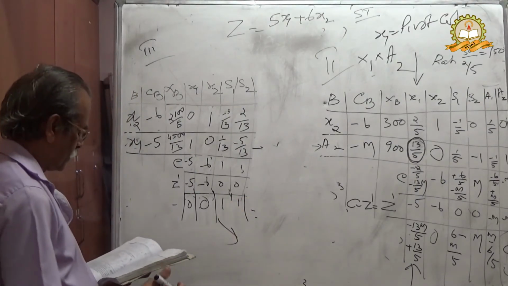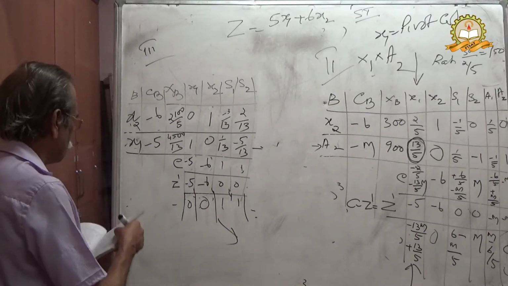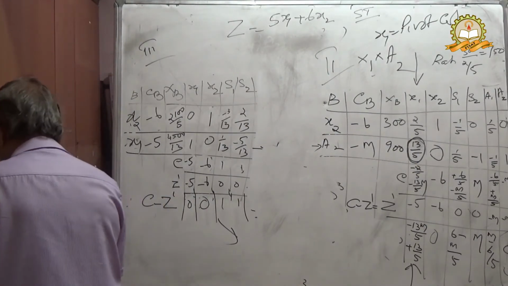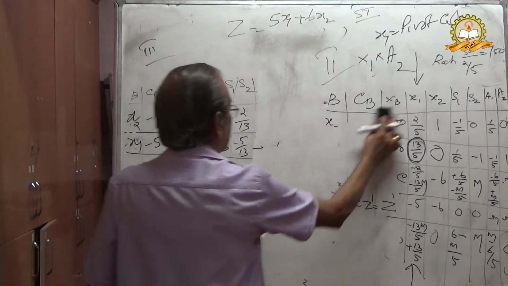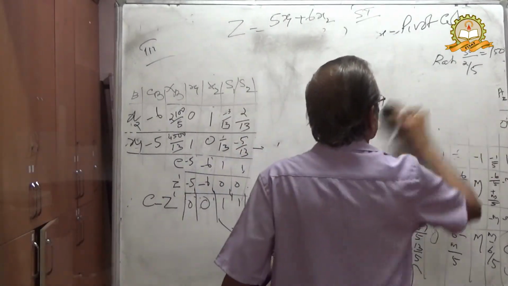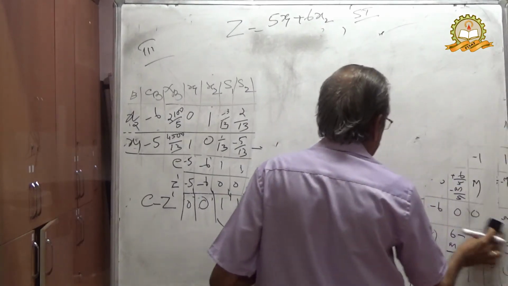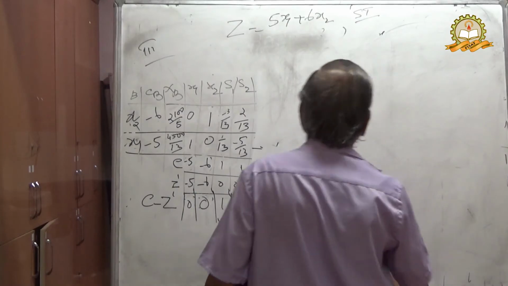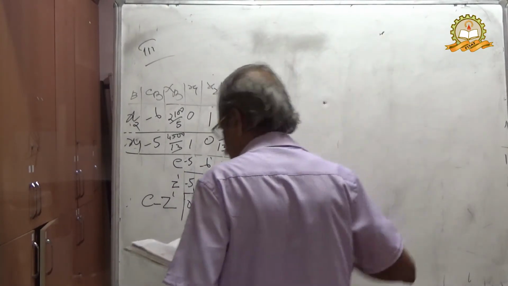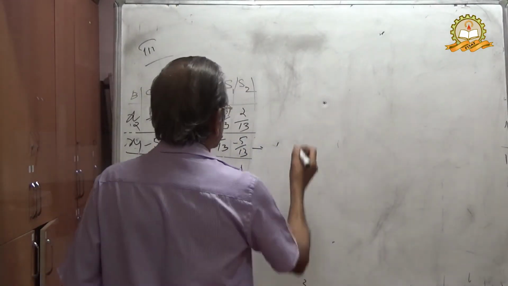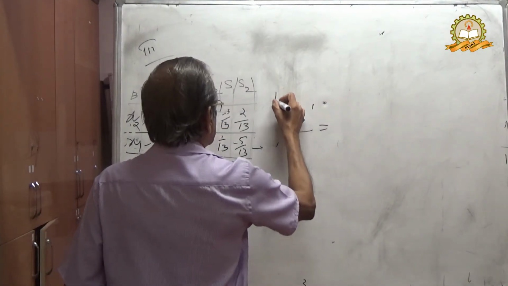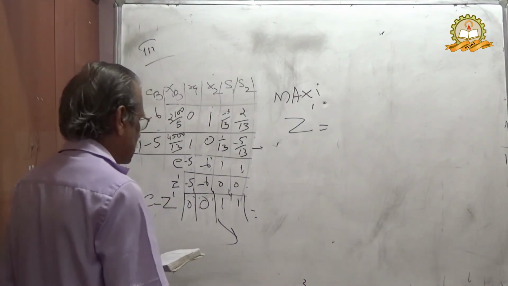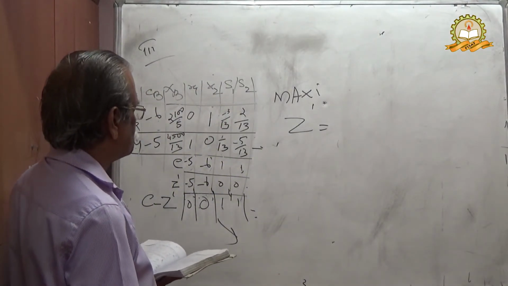Here you can note all the cell values under C minus Z dash. C minus Z dash are all positive values.